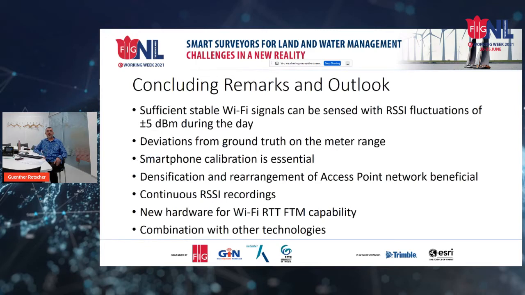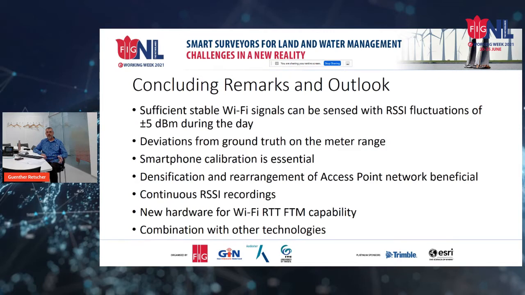So this brings me to my concluding remarks. We can see sufficient stable access points all over the campus, but the RSS fluctuations can be plus minus 5 dBm during the day, and therefore the deviations from the ground truth are in the meter range. We have seen that the smartphone calibration is essential, and in the future now we are starting with it.